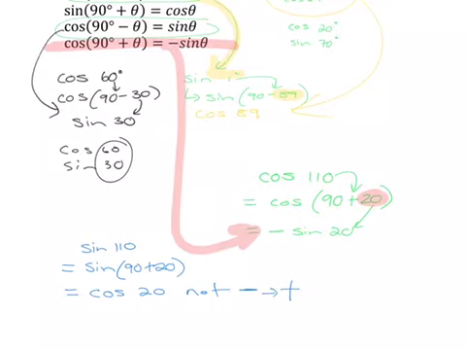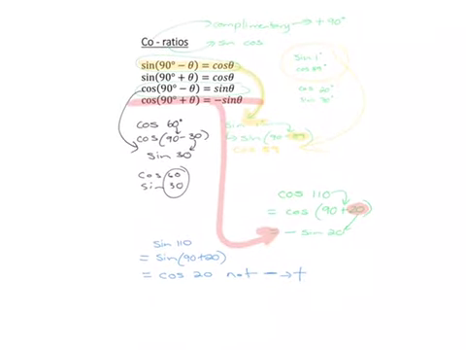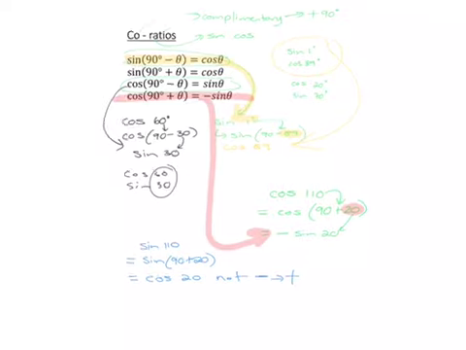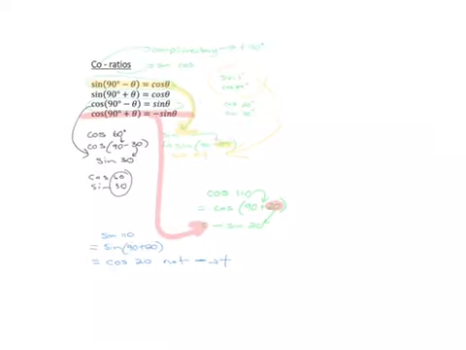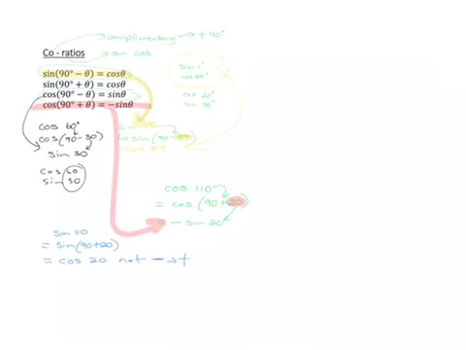So for now, you can just learn it as a rule that the only one that's a problem here is the cos 90 plus. But in all honesty, you shouldn't really have to use these co-ratios too much, because when I have something bigger than 90, an obtuse angle, cos of 110 degrees, I would rather use my CAST diagram.